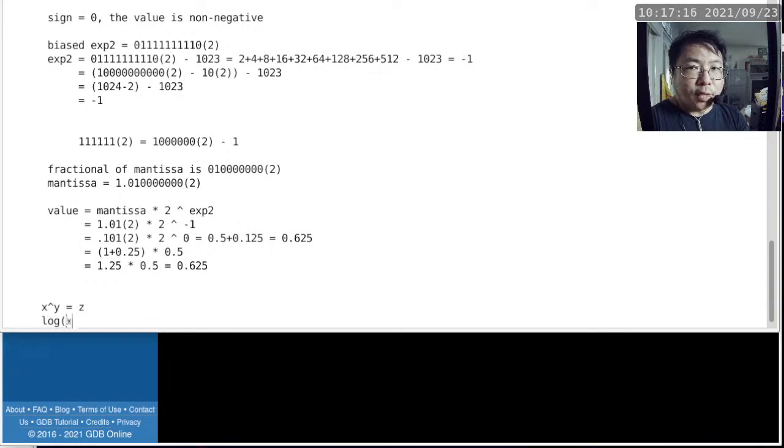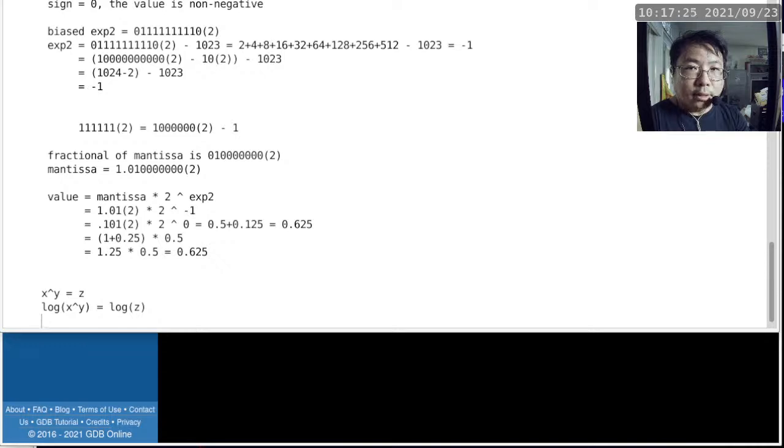So you have log of 2 to the power of y is the log of z, and the left hand side becomes y times the log of 2, and the right hand side is still the log of z. So this is one really useful thing that you can do.